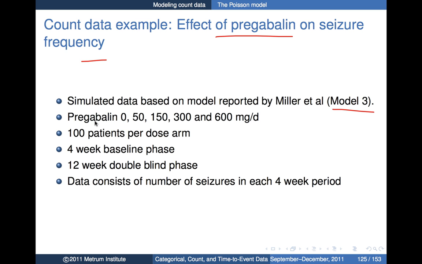It was dose response, so we've got 5 different doses here: 0, 50, 150, 300, and 600. There were 100 patients per dose arm, a 4-week baseline phase, during which they also get count measurements, and a 12-week double-blind phase, and the data will consist of the number of seizures in each 4-week period.